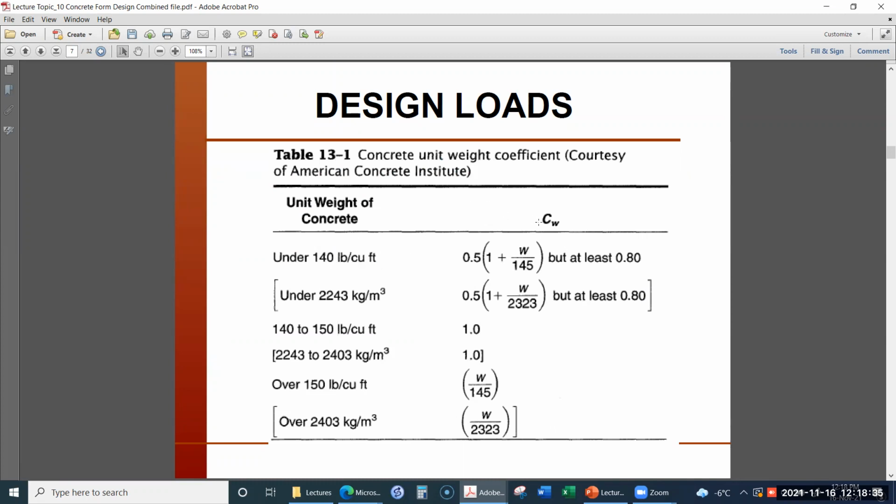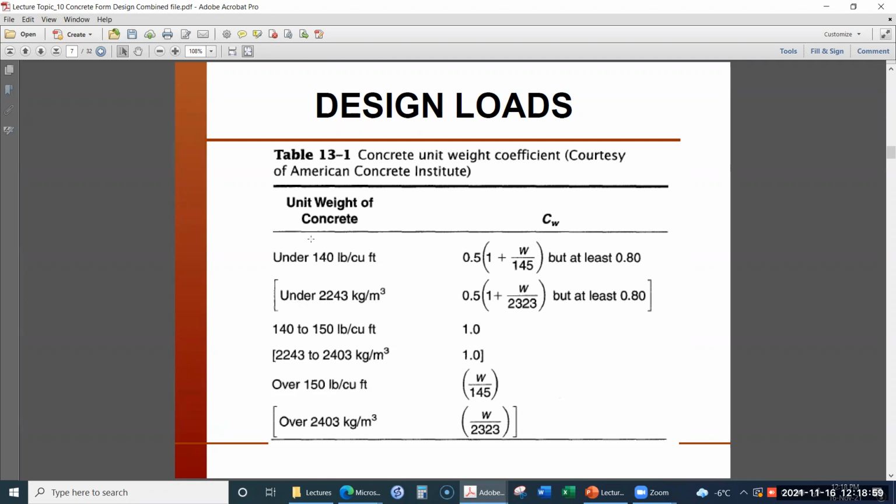Because CW is the unit weight coefficient, W is for the unit weight. We use it for situations when we know the density of the concrete.